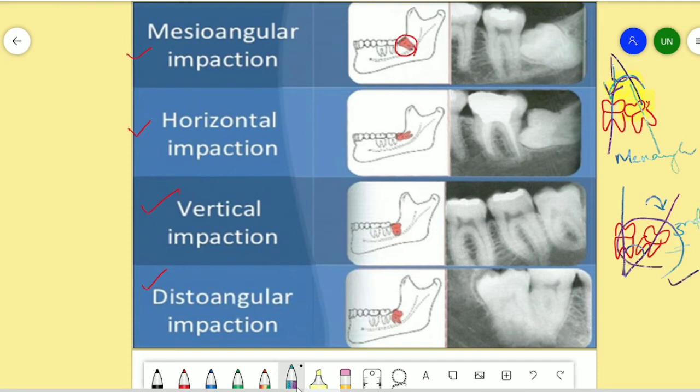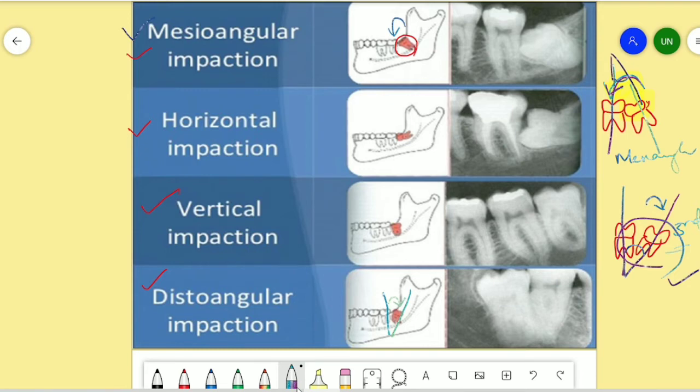You can see I have covered mesioangular impaction, where the crown is tilted mesially and forms an angle with the second molar. In distoangular impaction, this angulation is formed due to the tilt of the mandibular third molar crown towards distally.